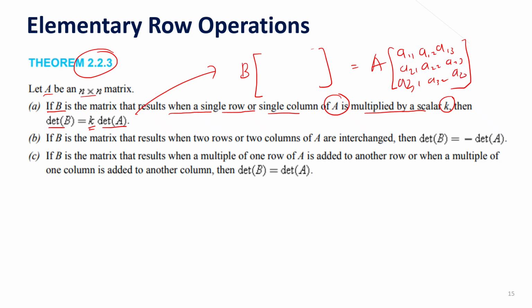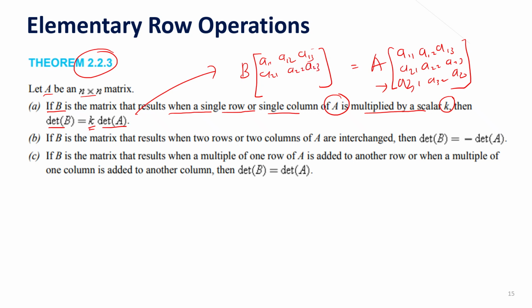And then you have the value of B. Let's use the third row. So all the same: A11, A12, A13, A21, A22, A23.